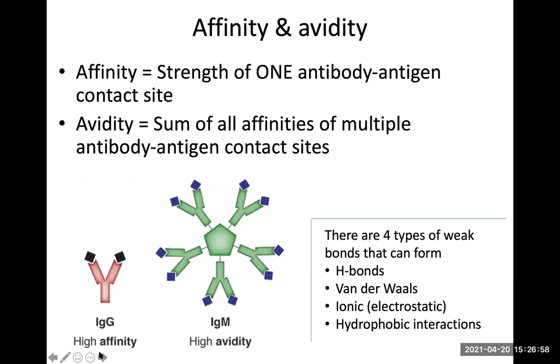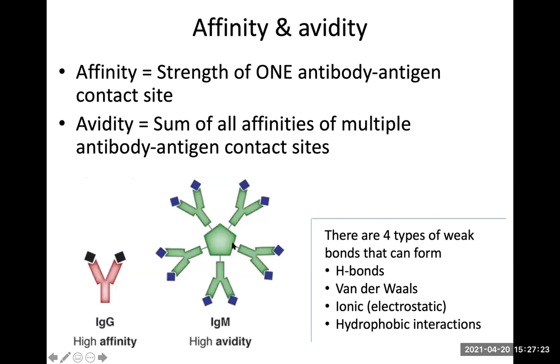If it has a strong or high affinity, you expect both of the binding sites to be bound to antigen. If it had a low affinity, then you would maybe just have one instead of both.